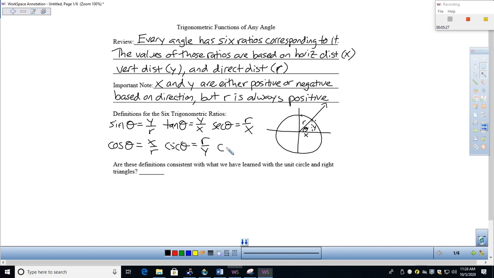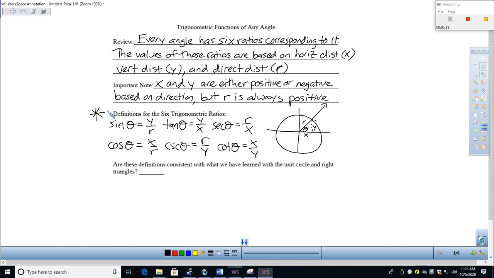And lastly, cotangent being the reciprocal of tangent is going to be x over y. So please, guys, box that up. Put a big asterisk by this maybe out here, whatever the case may be. Must absolutely, positively know those going forward. All right, those are our 6.